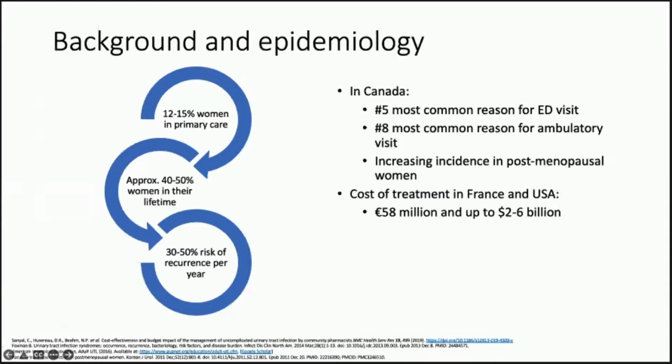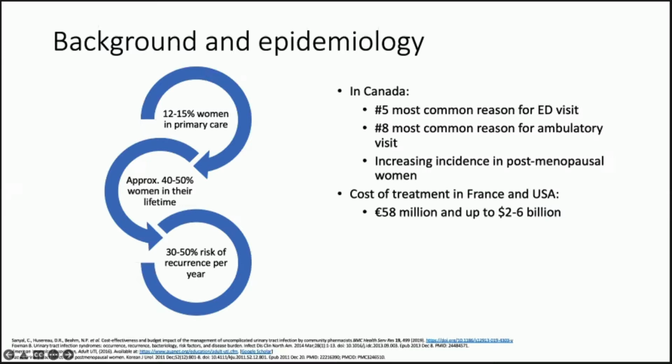Just to give a little bit of background here, we see that UTIs are very prevalent. They represent 12 to 15% of visits by women to their primary care physicians, and approximately 40 to 50% of women will have a UTI in their lifespan.